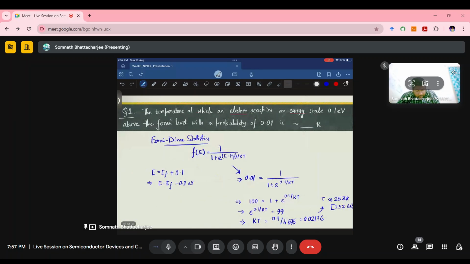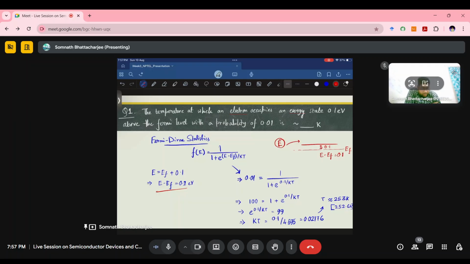Yeah, sure. So here we have the energy state, that is E. Let's say the energy state is just above the Fermi level, that is EF, and the difference between them is 0.1. So E minus EF comes out to be 0.1 here, as we have already written.